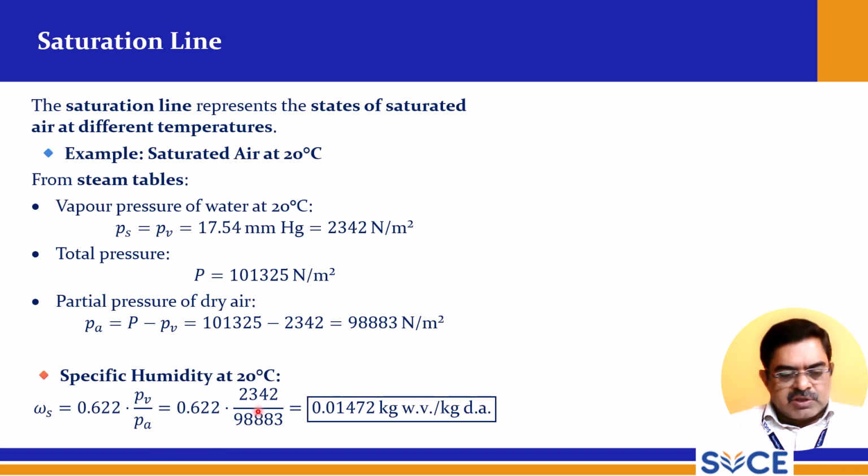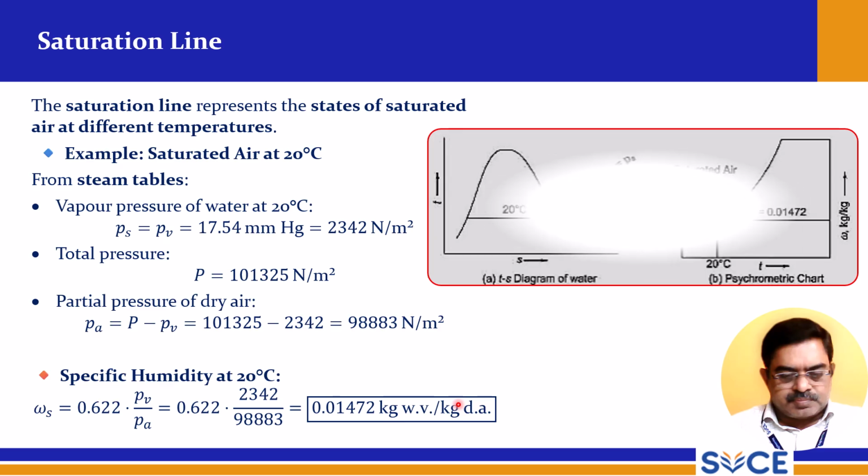PV is 2342 and PA is 98,883 Newton per meter square. After solving this, we get omega s, the specific humidity, as 0.01472 kg of water vapor per kg of dry air.